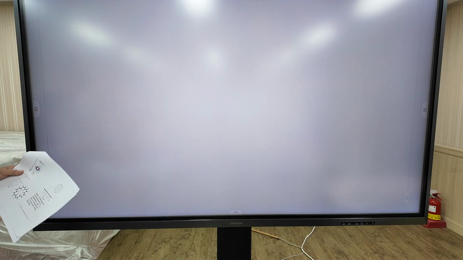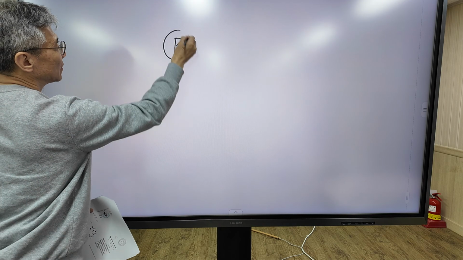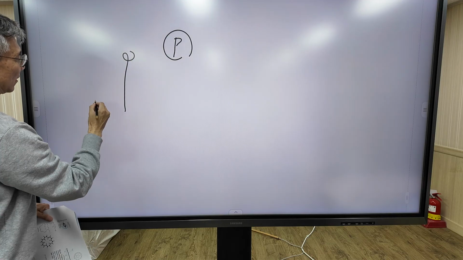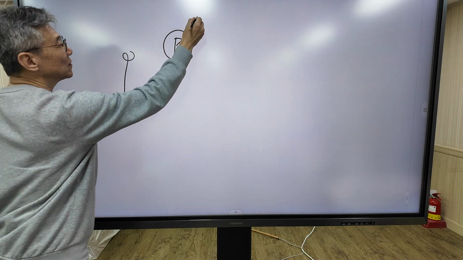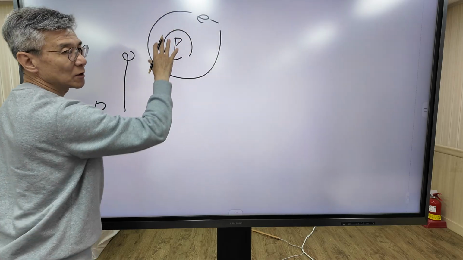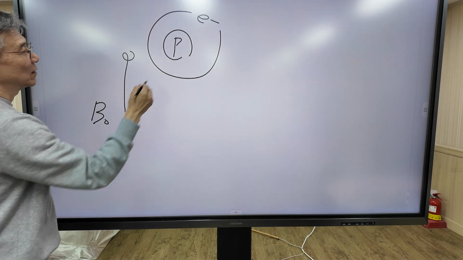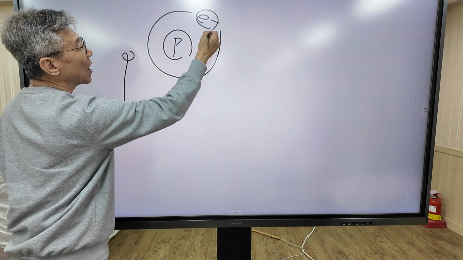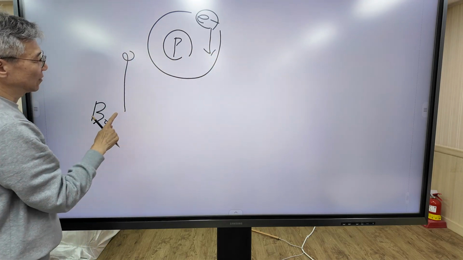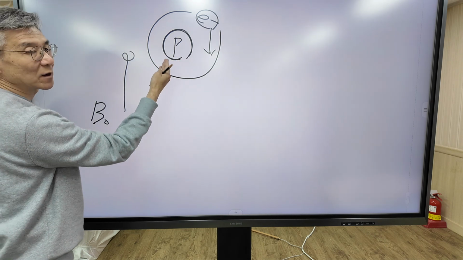And when I explained the principle of NMR spectroscopy, the proton is here, and I apply a magnetic field. Actually, an electron surrounds the proton, and generally the electron generates a magnetic field in the opposite direction to the applied magnetic field. So the proton feels a smaller magnetic field.